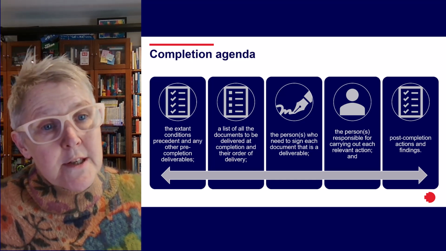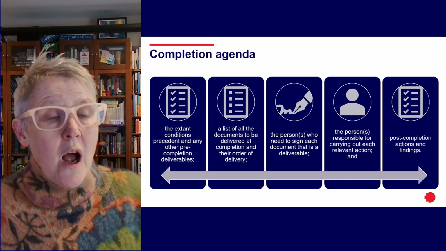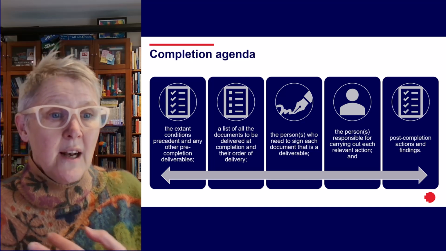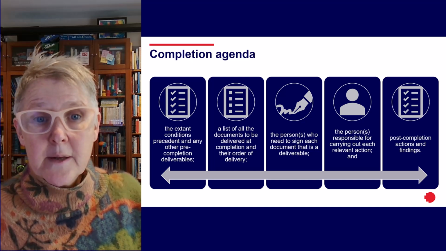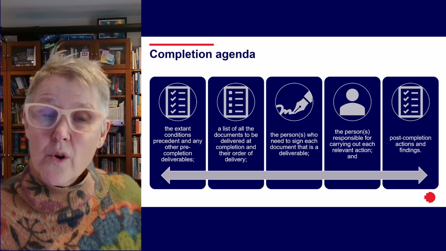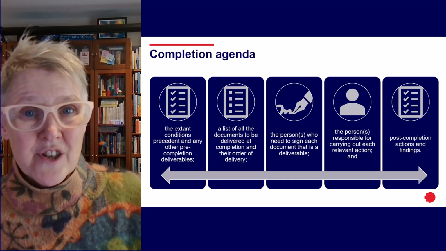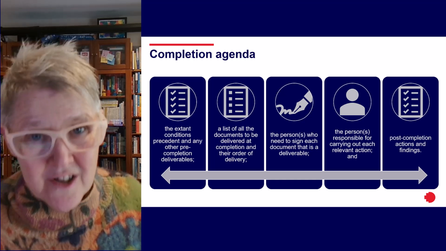So a typical completion agenda would include lists of the conditions precedent and any other completion deliverables, lists of all the documents to be delivered at completion, and also the order of delivery, because when you think about it, we need to change the ownership of the company before we change the signatories to the bank account.